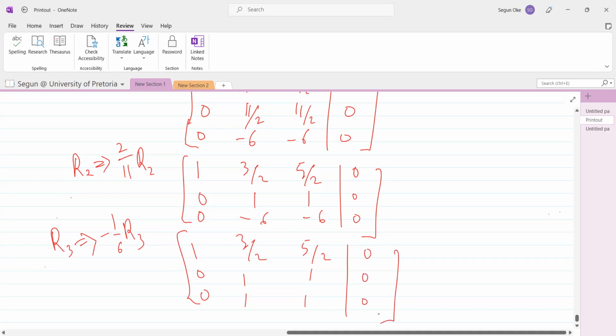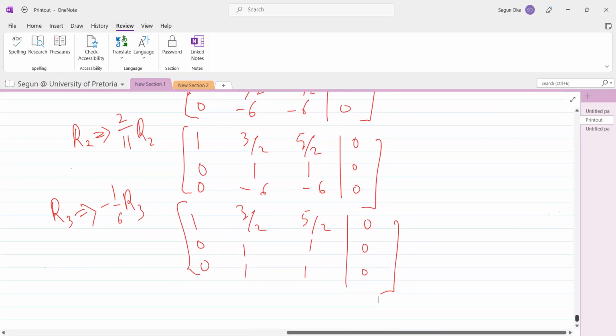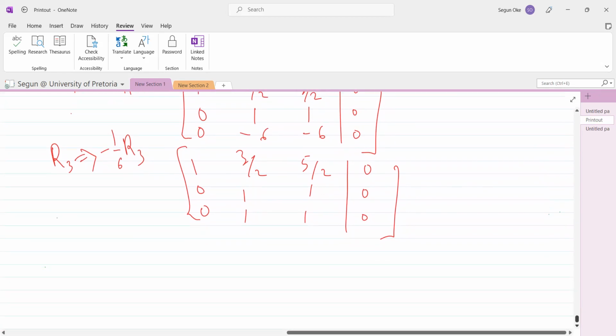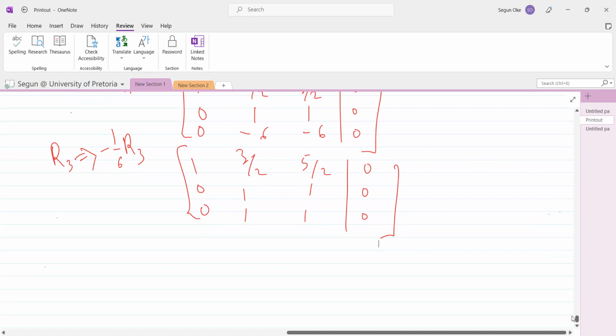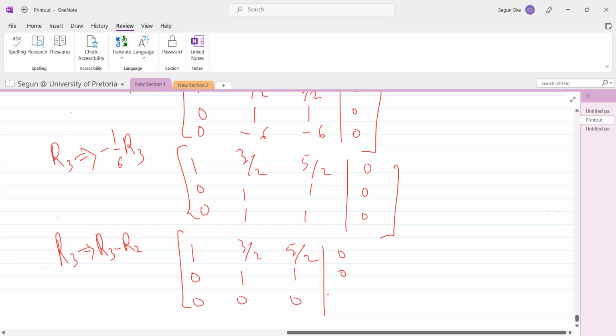So what next, please? Row 3 minus row 2. Yes, sir. So we have 1, 3 over 2, 5 over 2, 0, then 1, 1, 0, 0, and the rest will be 0, 0, 0, 0.